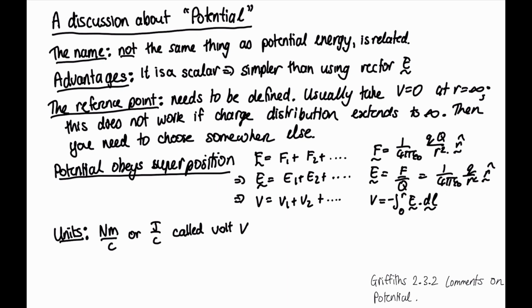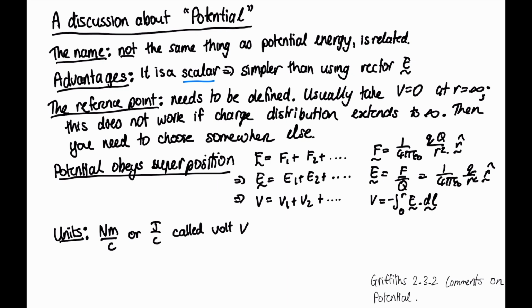Now, the advantage of using potential rather than electric field is that the potential is a scalar, so we're just dealing with one component. Often problems are much simpler to solve if we can solve them for the potential and then use the potential to get the electric field if we need it, rather than working through everything with vectors. So that's an advantage of using the potential.